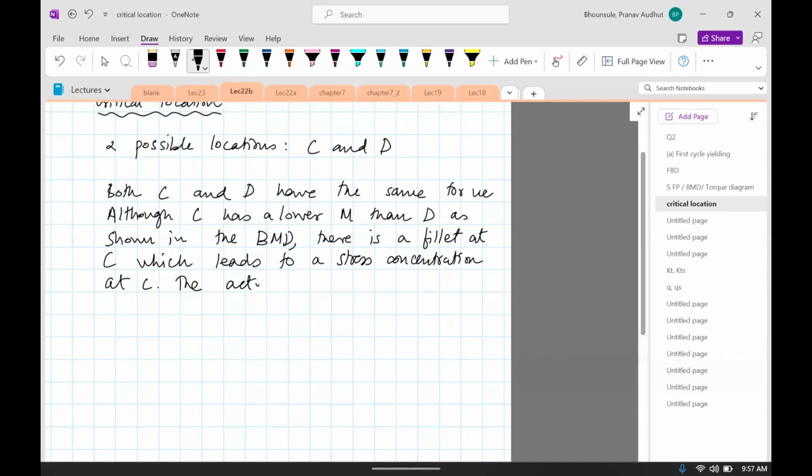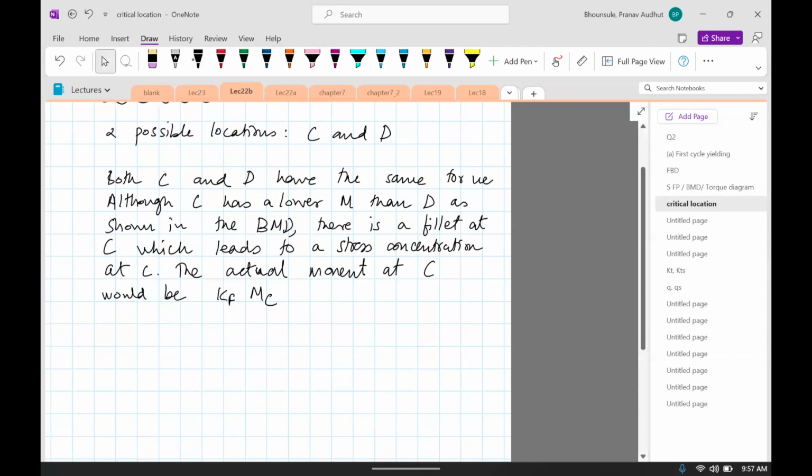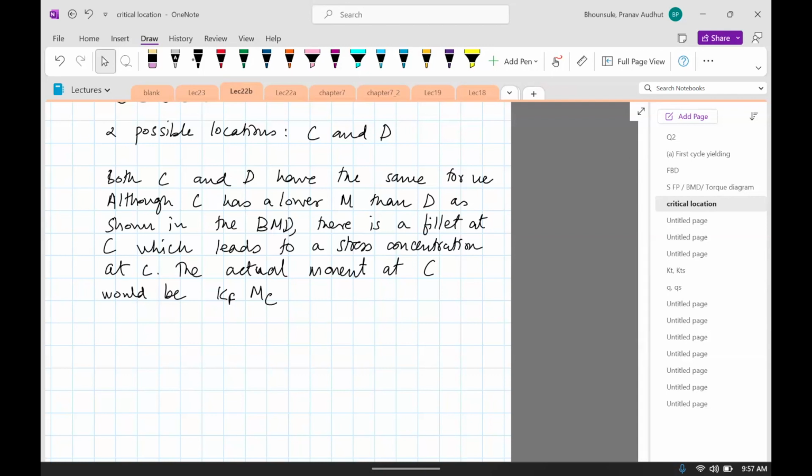The actual moment at C would be Kf times moment at C. Is that true?